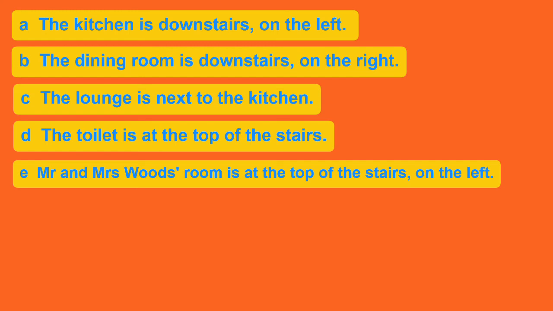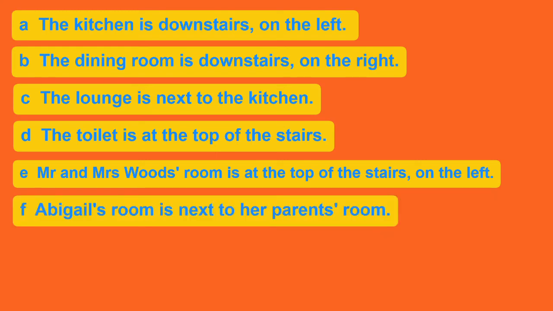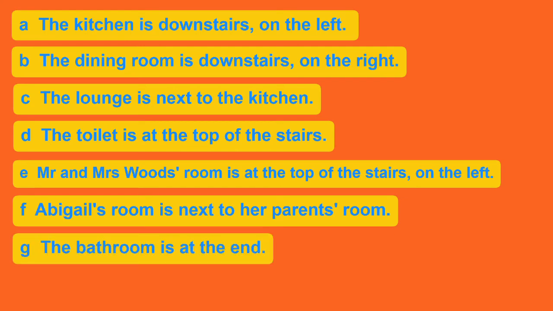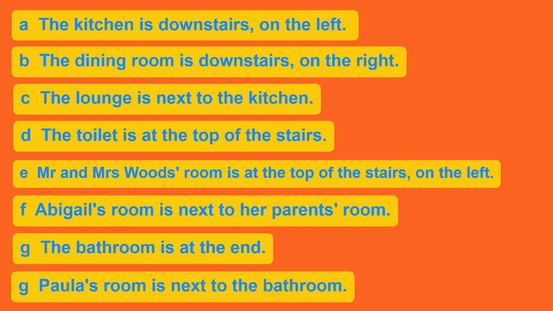Mr. and Mrs. Wood's room is at the top of the stairs on the left. Abigail's room is next to her parents' room. The bathroom is at the end. Paula's room is next to the bathroom.